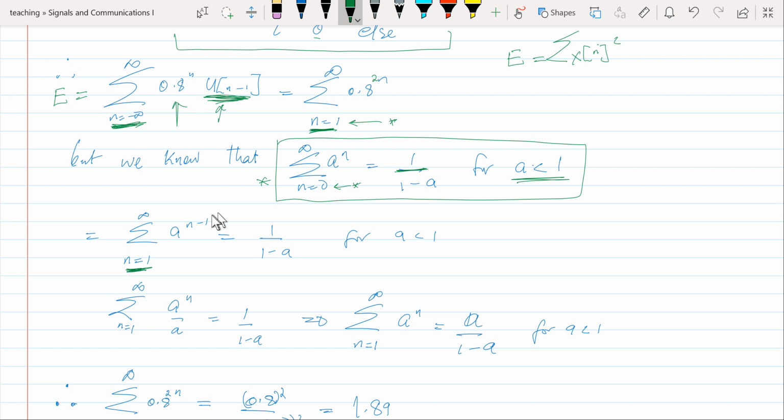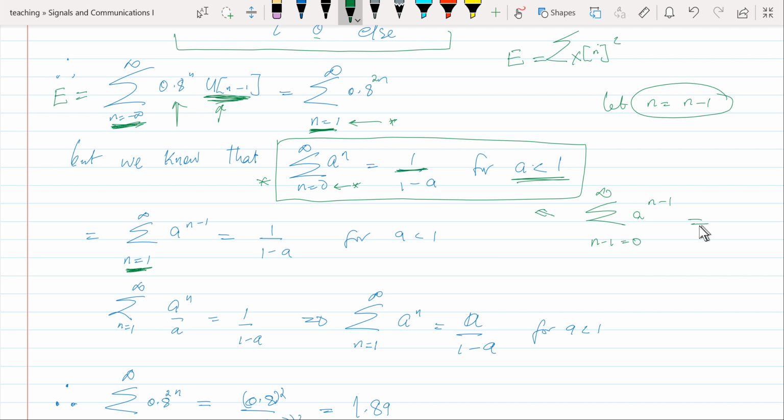Let n be equal to n minus 1, so wherever there is n, you put n minus 1 in this equation. What that will give you is n minus 1 equals 0 at the lower limit. Sorry, this is not supposed to be infinity, it's supposed to be 0.